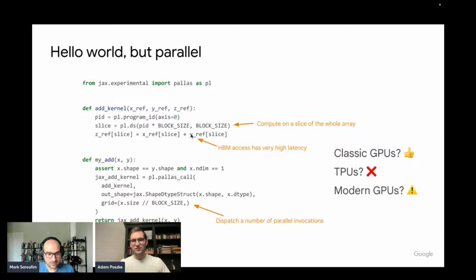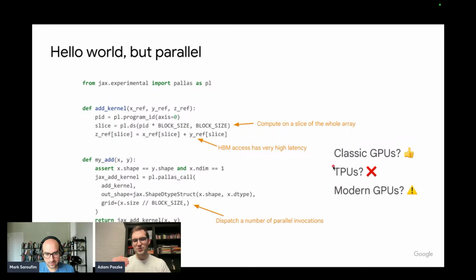If you have enough work in flight, hopefully the device always has something to do. On TPUs, this doesn't work. They do not have this fancy scheduling thing. You have to plan your program much more carefully, as you compile it. Interestingly, modern GPUs are becoming much more like this.